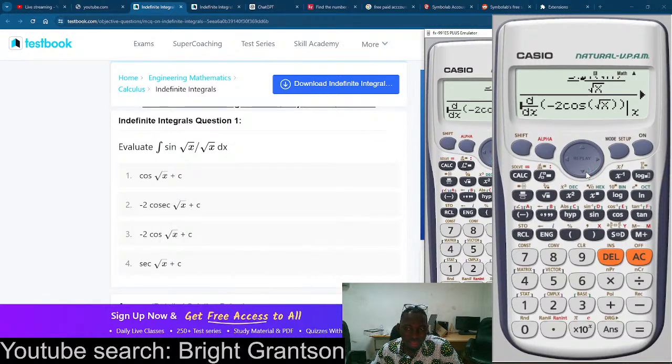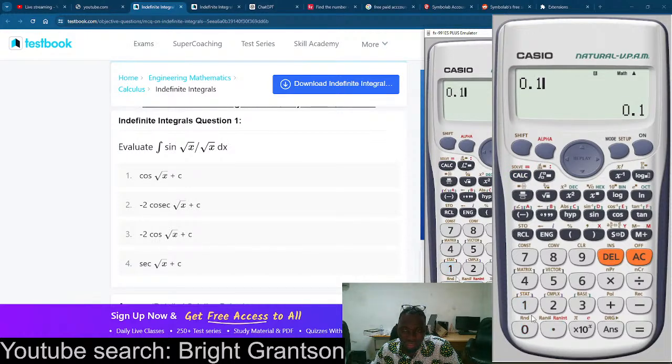Then in the denominator, differentiate the answer option and put the differentiating element value as 0.1. After that, you press the CALC button and you punch 0.1, because 0.1 is a very small number.